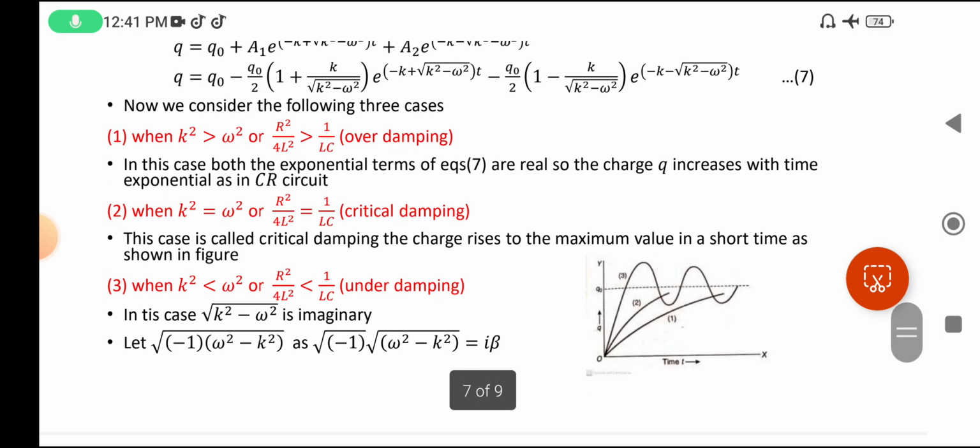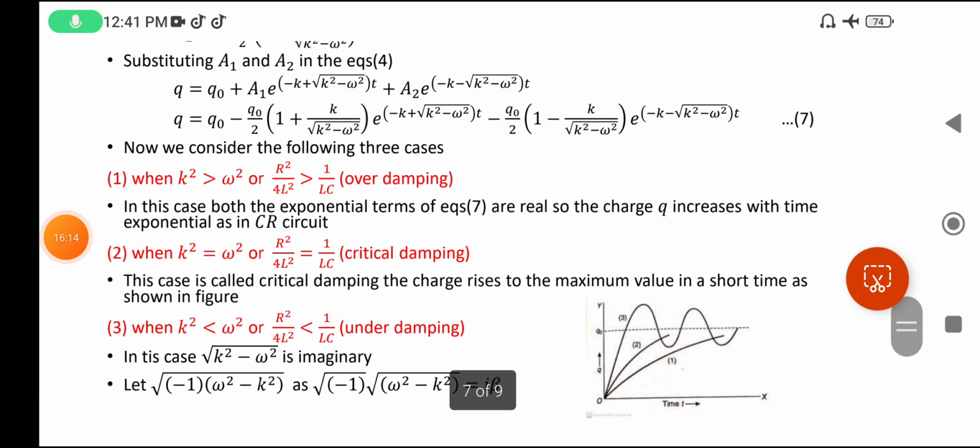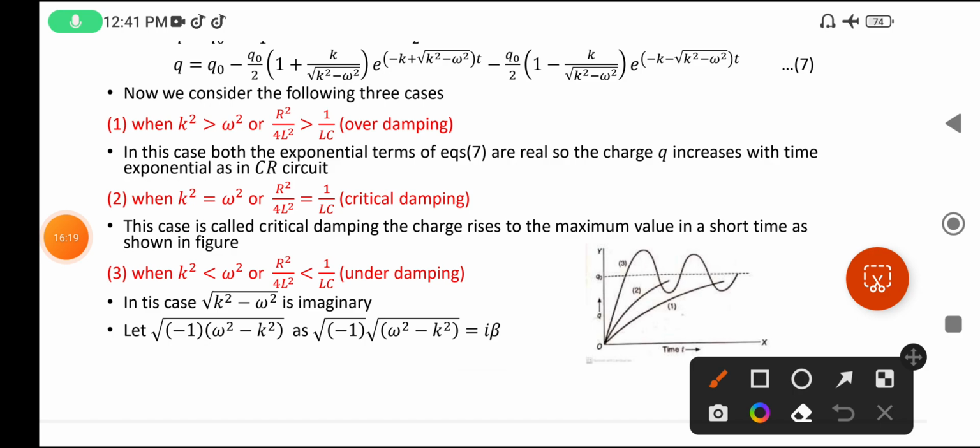Now consider the following cases. Three cases will arise. First, you must keep in mind the 7th equation, very important to us.